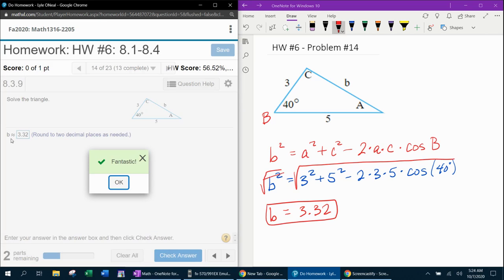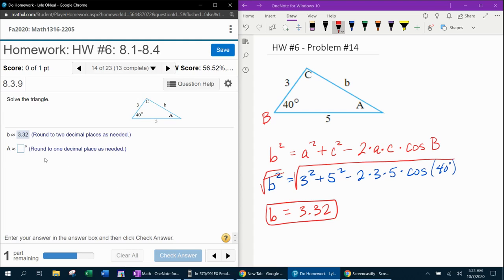3.32. Done. Now for angle A, what I want to point out next is that we now know all three sides.